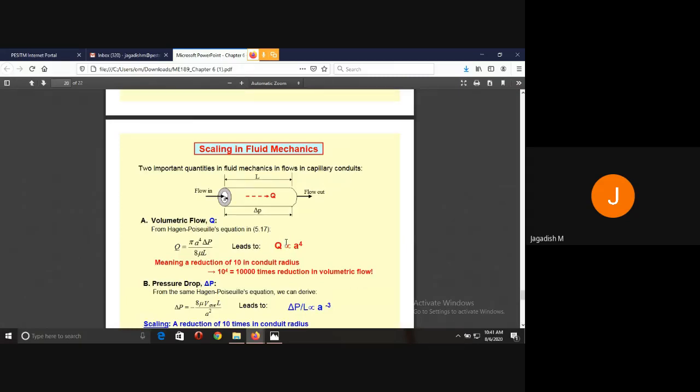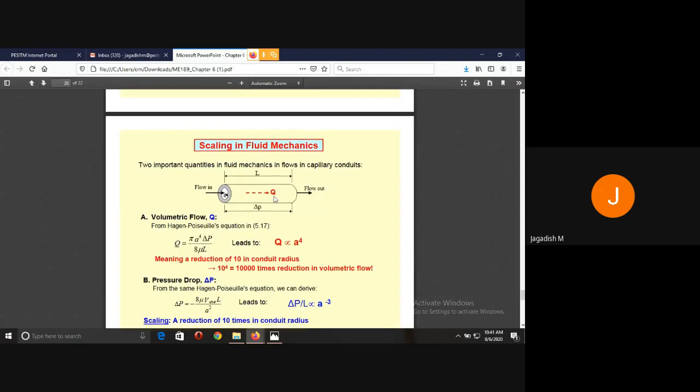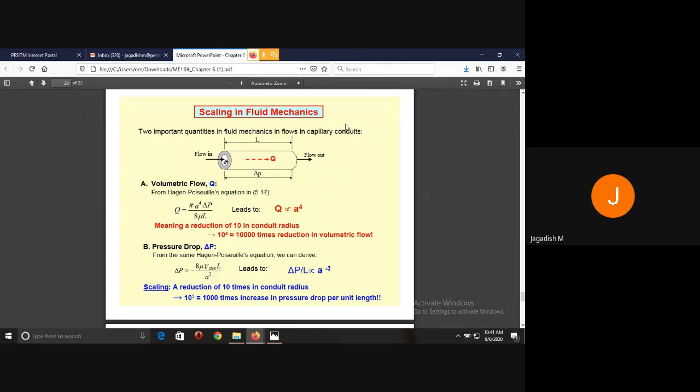Now we'll move to the final one, that is, even in fluids you can establish scaling. So here you have scaling with respect to two parameters. One is the volumetric flow and the other is the pressure drop delta P. The volumetric flow is represented by Q. You have a flow in and a flow out.